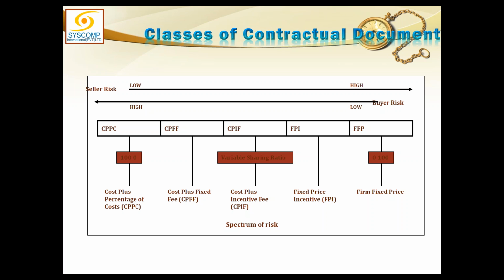It is more of the matter of time. So if he can perform better in a shorter period of time and complete the project earlier, for every day of the project completed earlier, I agree to pay him a certain amount, and that is the incentive. A very similar type is not mentioned here. That is called fixed price plus reward.